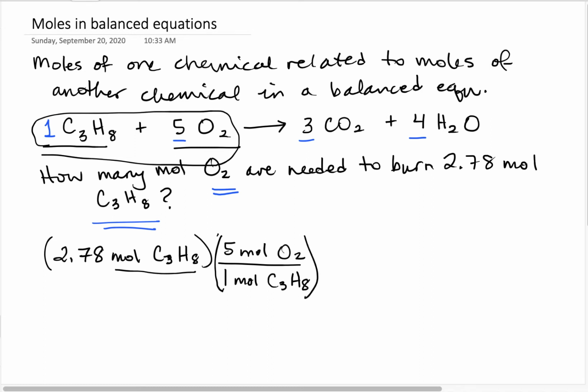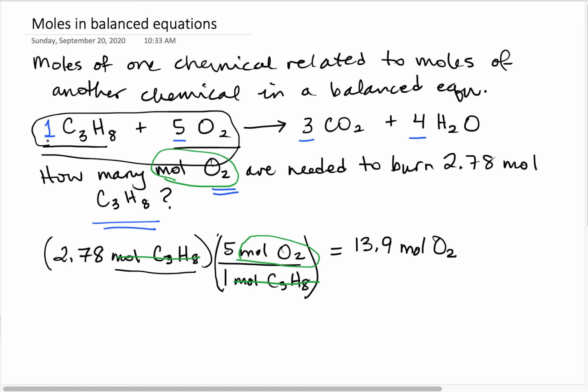Now we can see that our units cancel out, and we will have moles of O2, which is what the question was asking for. When we solve that, pull out your calculator and get a number. You should get 13.9 moles of O2 that would be needed to react with 2.78 moles of C3H8.